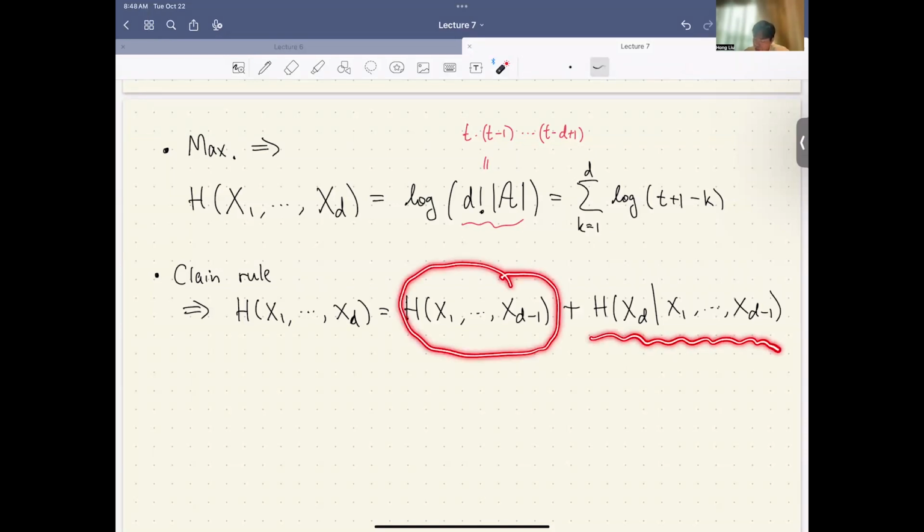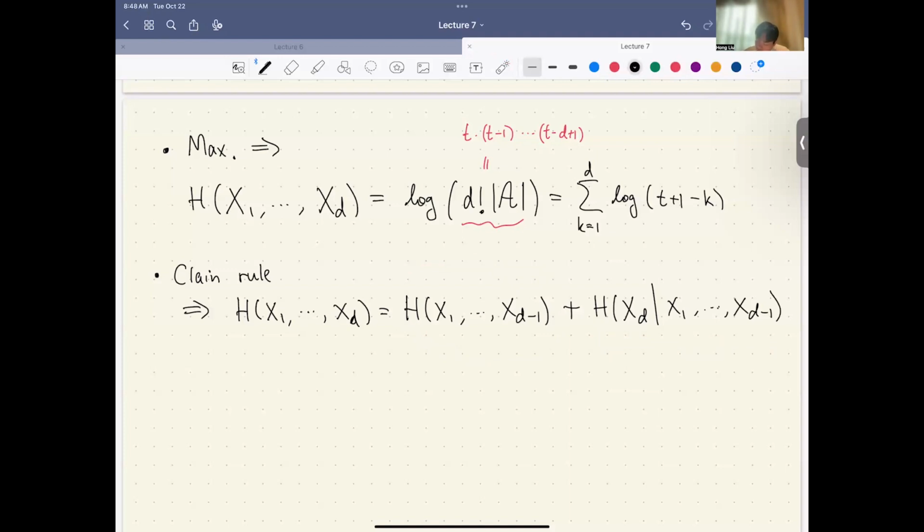So now our task is to give an upper bound on this guy. Let me remark, by maximality, what is this?